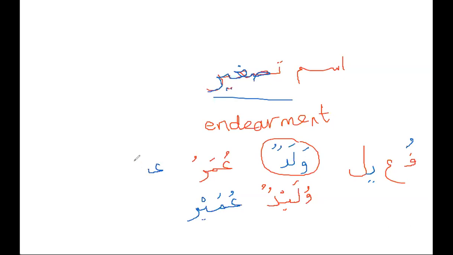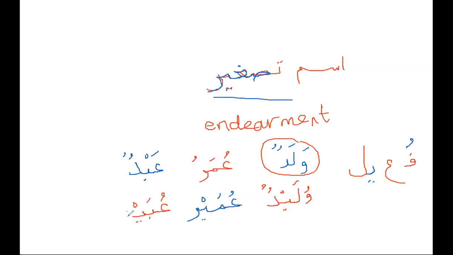Okay, let's look at this word here. Abdun. You want to make it tasghir? Ubaid. MashaAllah, you got the pattern. So the first letter takes the dhamma. Then the ba, we already have the ba, keep it. Add a ya.